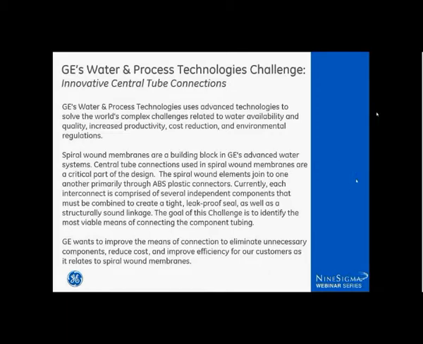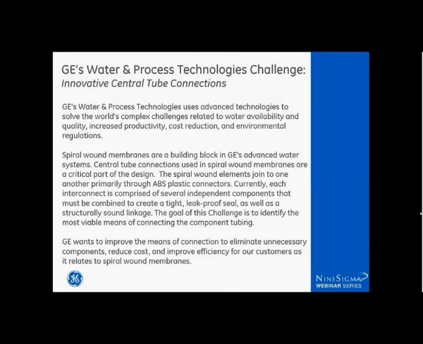So these central tube connections, what actually are they? What they do essentially is join together the membranes of the spiral wound membrane. So right now, each connection is made up of several independent components that are essentially squashed together to create this tight, leak-proof seal.